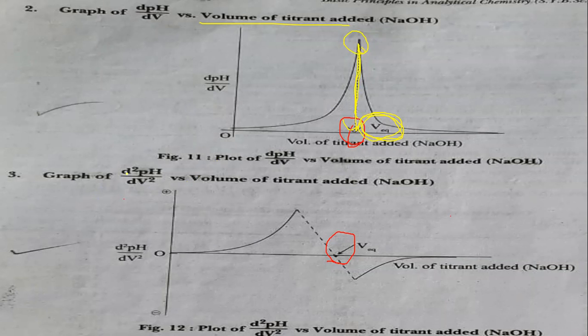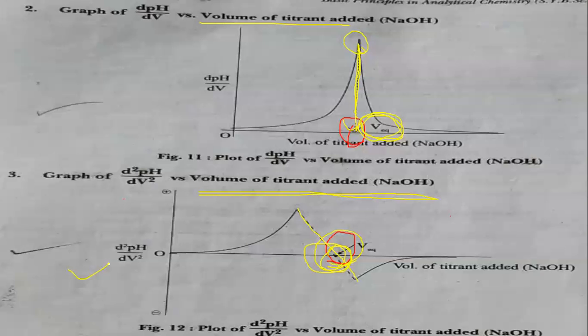One more graph is delta square pH upon delta V square versus volume of titrant added. You connect these two points, and the point of intersection on the x-axis gives the volume at the equivalence point. It is necessary that from all three graphs we get the same value of the equivalence point. That is very important.